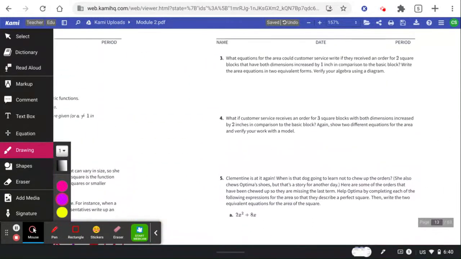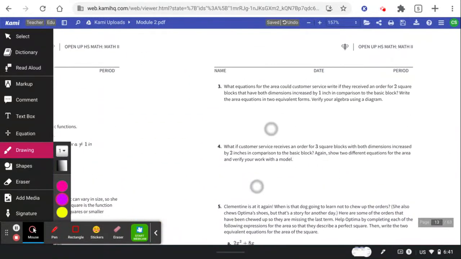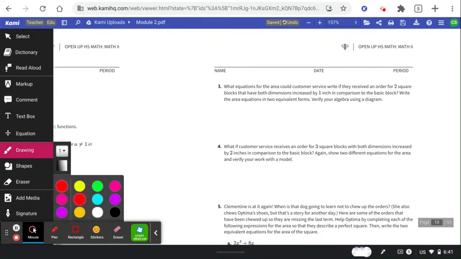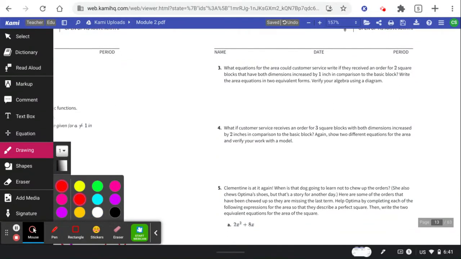Okay, let's go do a couple others. Pause the video and try number 3 on your own. Okay, let's see how you did. This one says an order for 2 blocks that have the dimensions increased by 1 from the basic block.